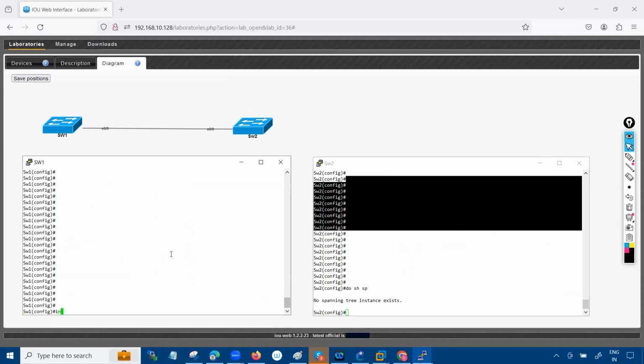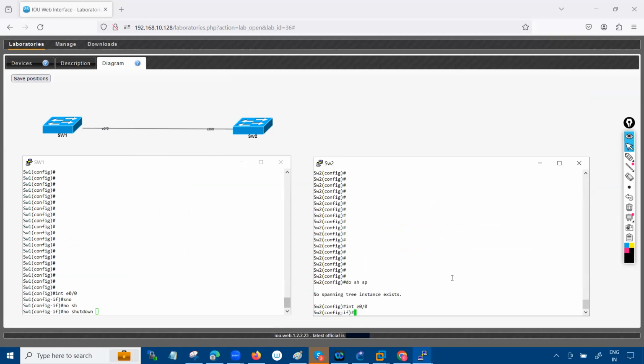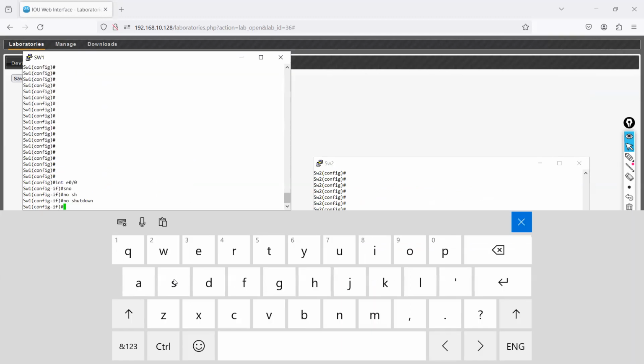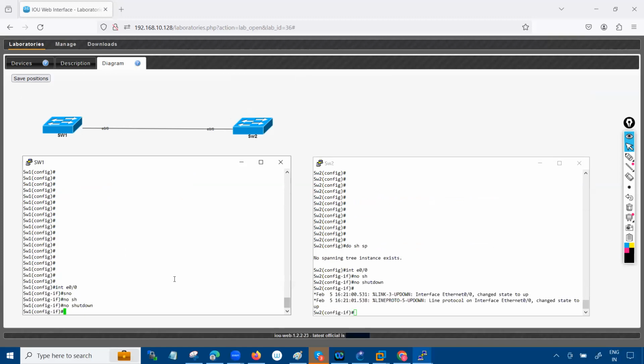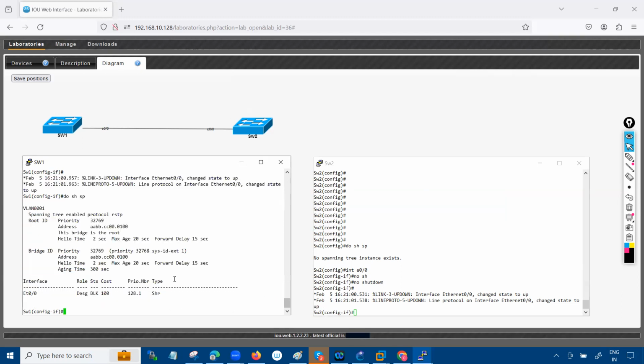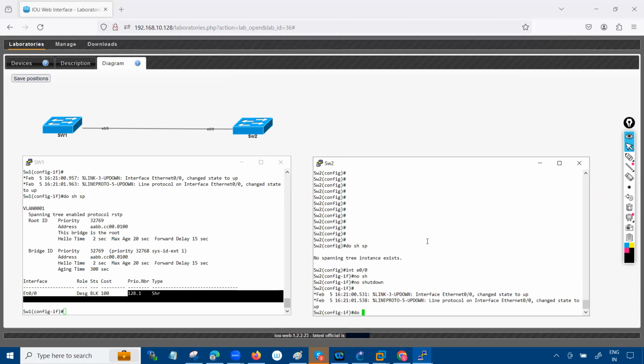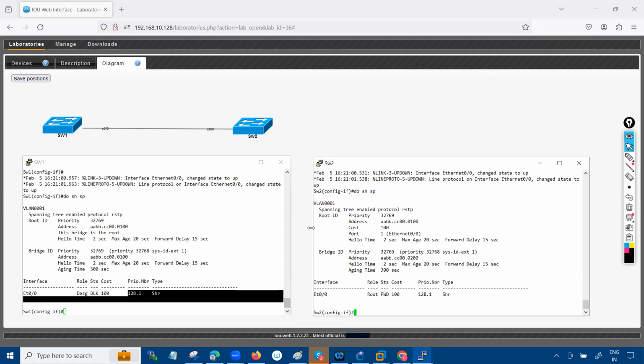So if I shut down this link, you will not see these messages, so you will not see how RSTP works in the background. If I say no shutdown, have a look. Can you see any debugs over there? Can you see how the proposal and agreement is going on? No, you cannot see that. But you see my convergence has been done, man. There is no listening and learning in spanning tree, my convergence has been done.